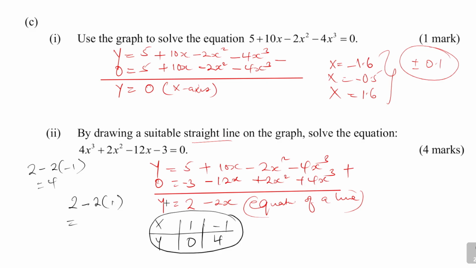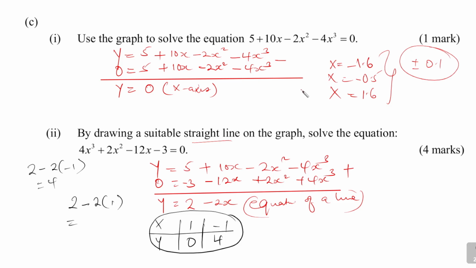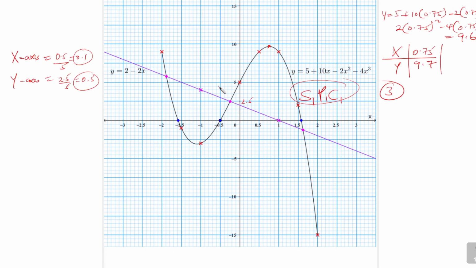So you just take this function, y is equal to 2 subtract 2x, then get 2 points. When x is 1, substitute 1 in this equation and get the value of y. Then plot these: (1, 0) is here, and then (negative 1, 4) is here.